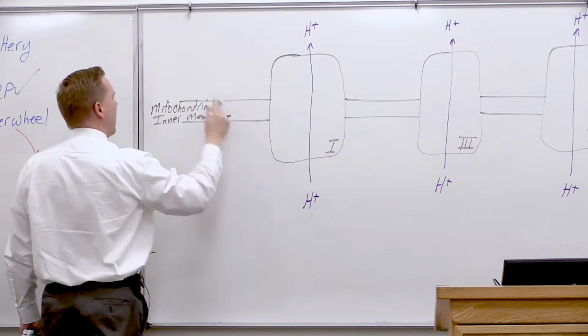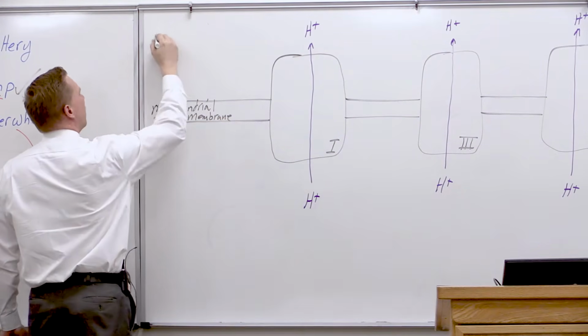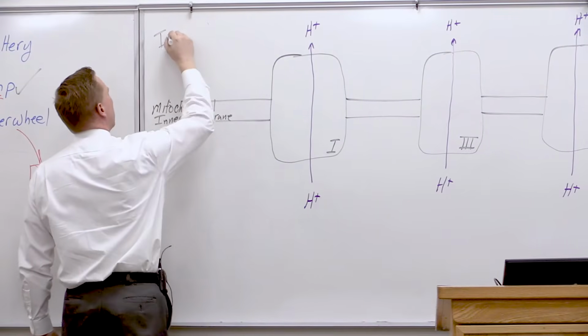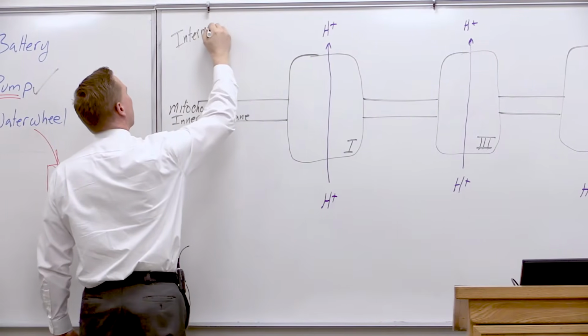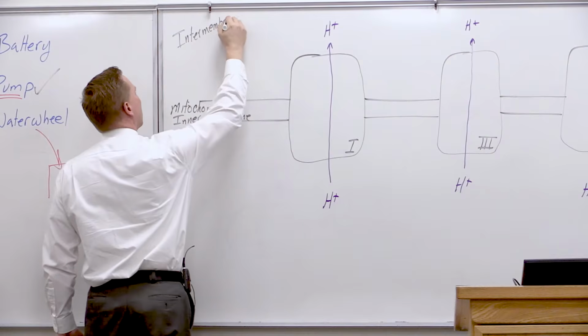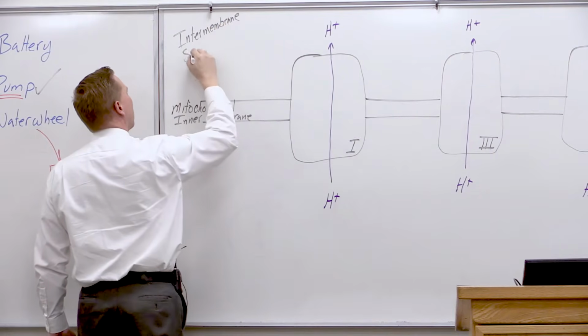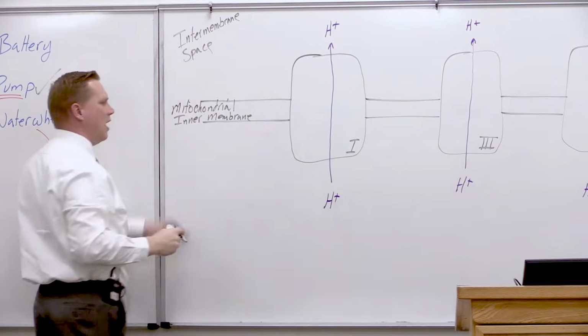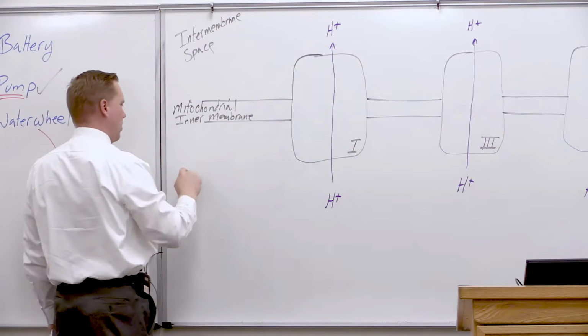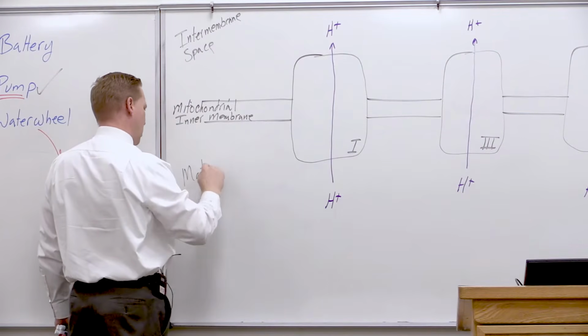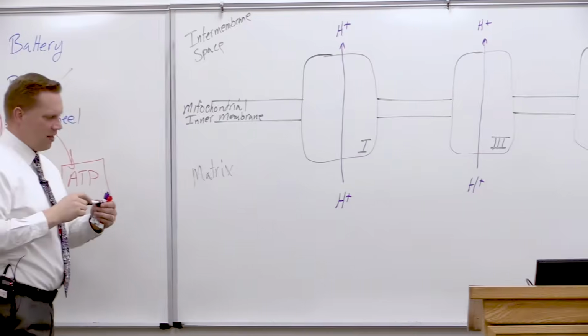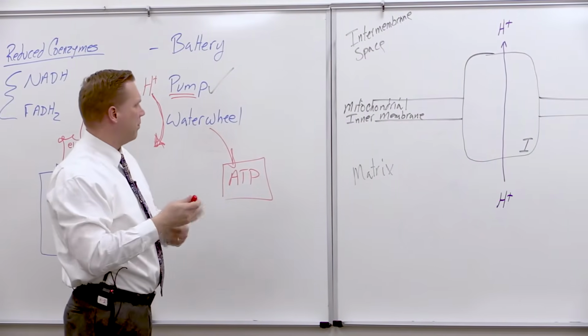And then the 2 spaces up here, we actually have what's called the intermembrane space. And then down here on this side, this is going to be the matrix. So that kind of orients us to where we are.